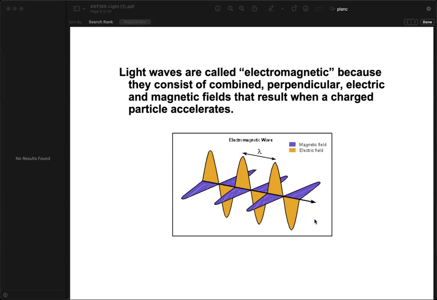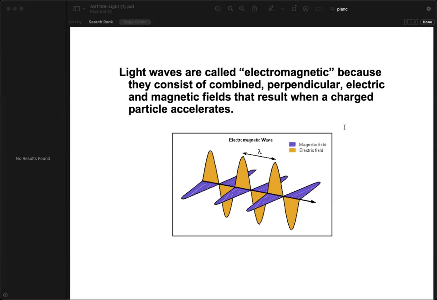Now, there is a property of the waves, which is called wavelength. So if you measure the distance from one crest to the other crest, then that is the wavelength. And it is represented by this Greek letter lambda.